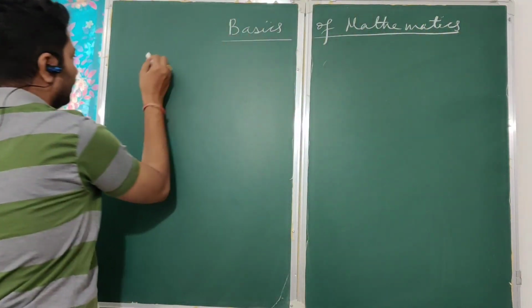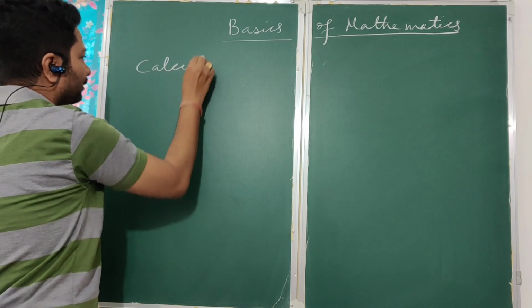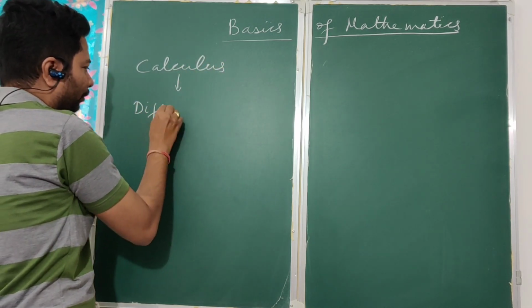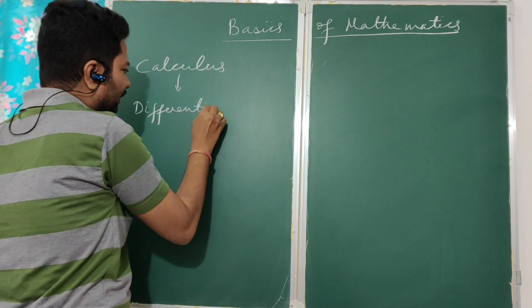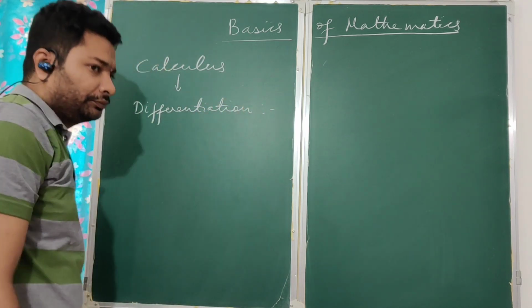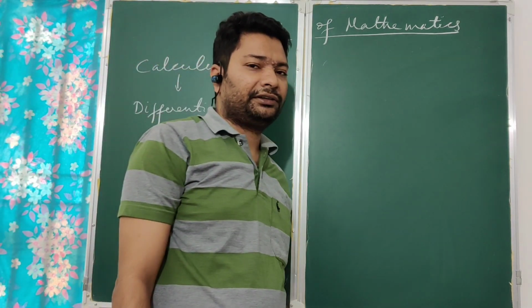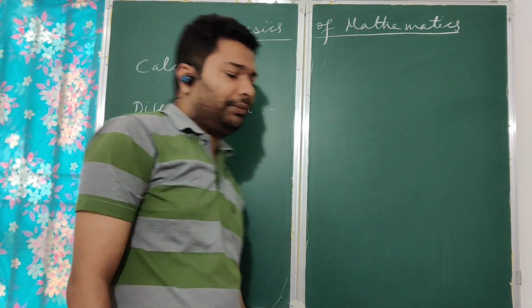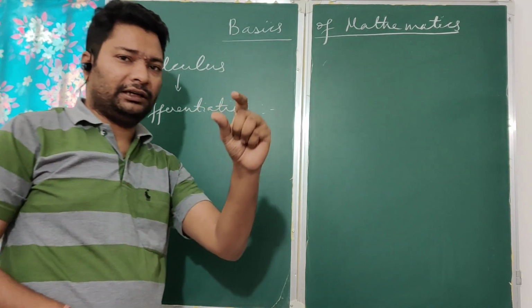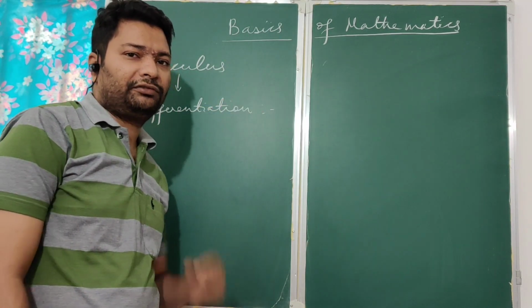The first part, calculus, and in calculus we'll talk about differentiation. We'll talk about integration later on. Differentiation literally means breakdown, or you can say that you are trying to make something very small. You are differentiating it.